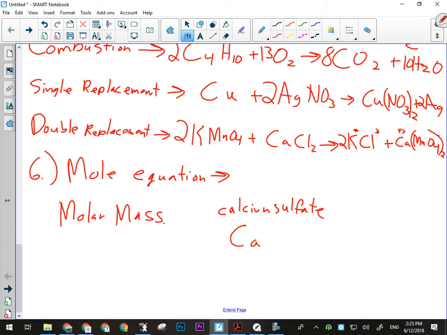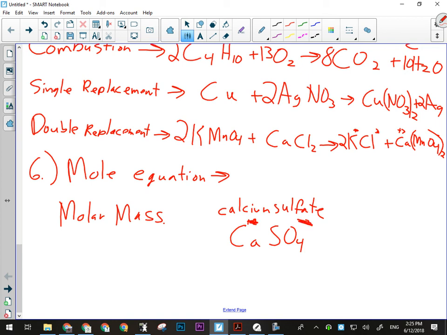SO4. If it was S, it would be sulfide. So this is SO4. Now, because this is an ionic compound, I've got to drop and swap. Well, they're both 2s, so we're good the way it's written.